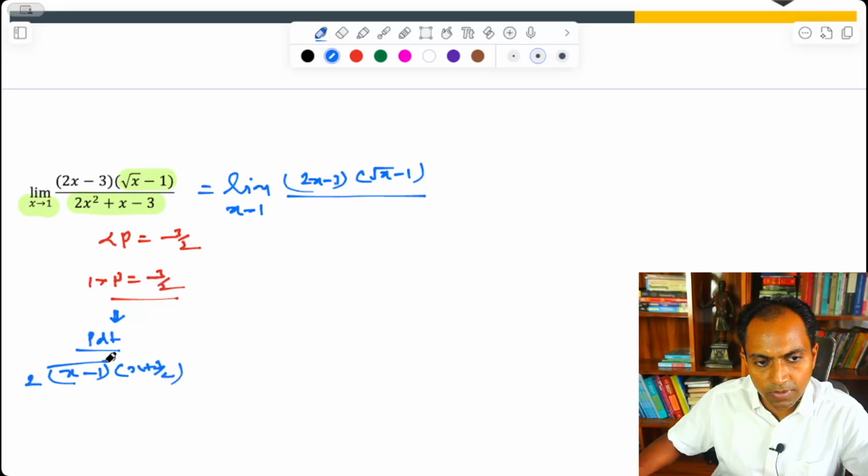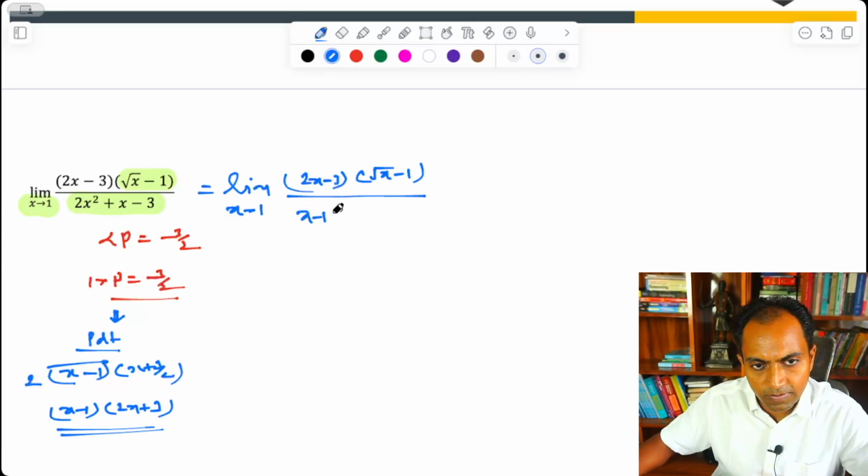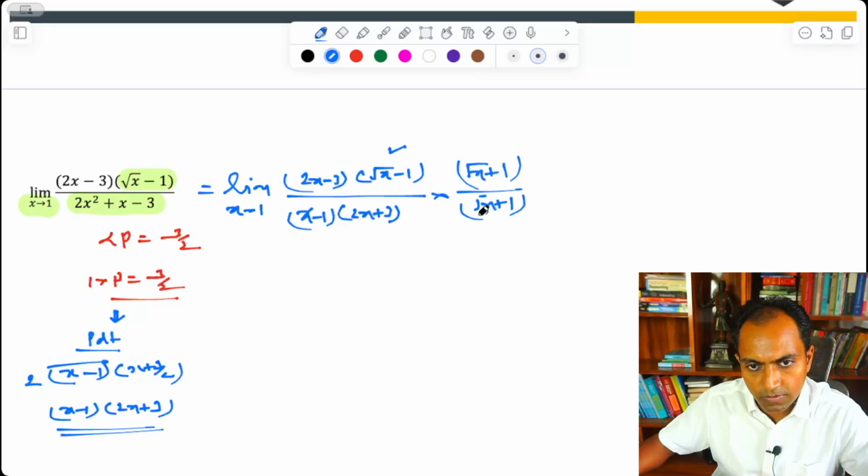This 2 we can multiply to this term and alternatively write it as 2x plus 3 as well. So this term can be written as x minus 1 into 2x plus 3. Now, in order to remove the root, you can rationalize as well. We have written root x plus 1. If I simplify this in the next step, it will get solved.